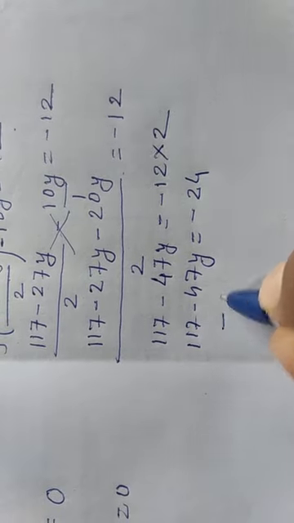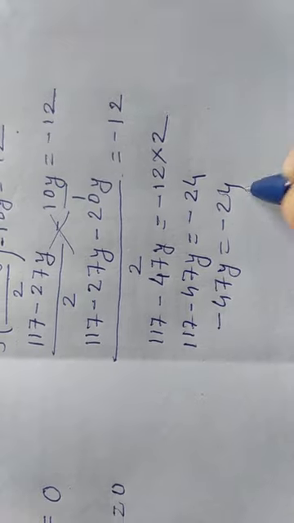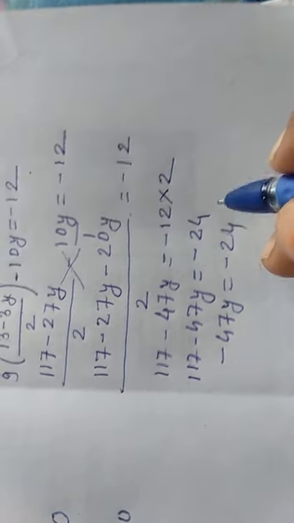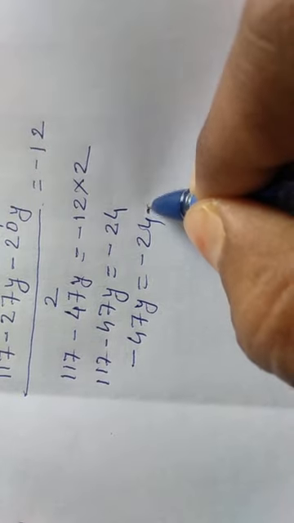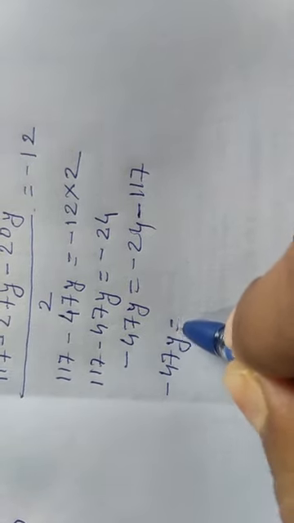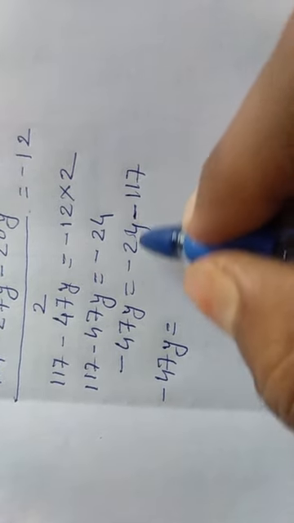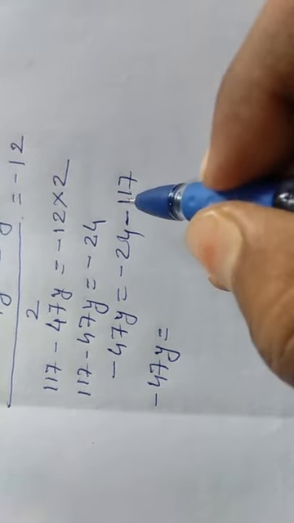So now here we get minus 47y is equal to minus 24. This 117 if you shift toward the right hand side, we will get minus 117. So now at the last we'll get minus 47y is equal to, if we add this, because both are having the same sign, both are having minus sign, so we will add this.